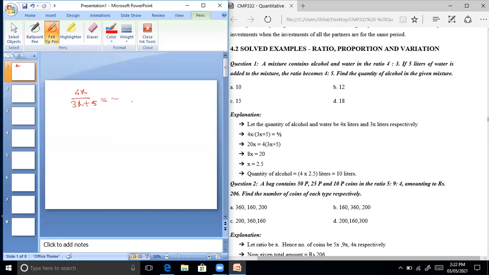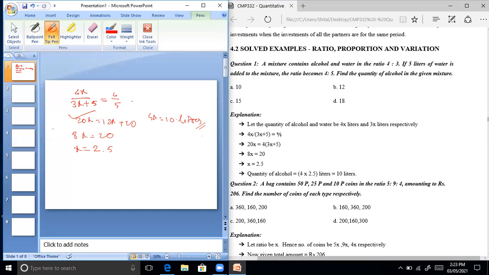We do cross multiplication: 20x equals 12x plus 20. So 8x equals 20, and x equals 2.5. The quantity of alcohol, that is 4x, is 4 into 2.5, which is 10 liters. This is our final answer.